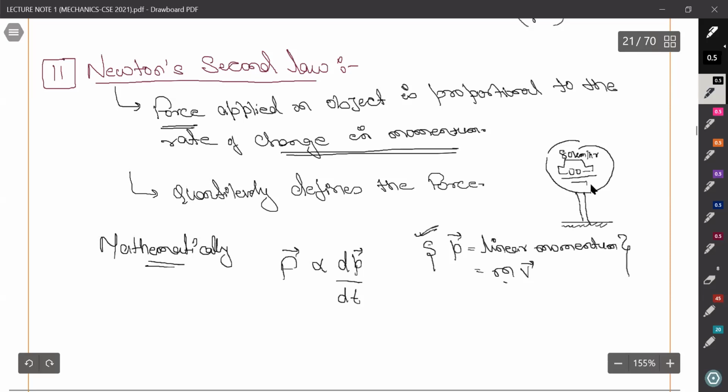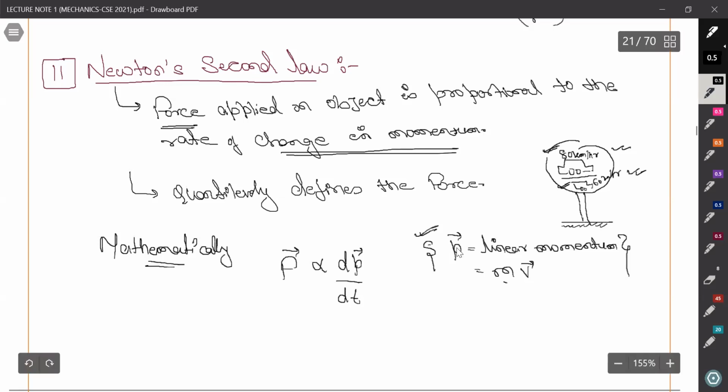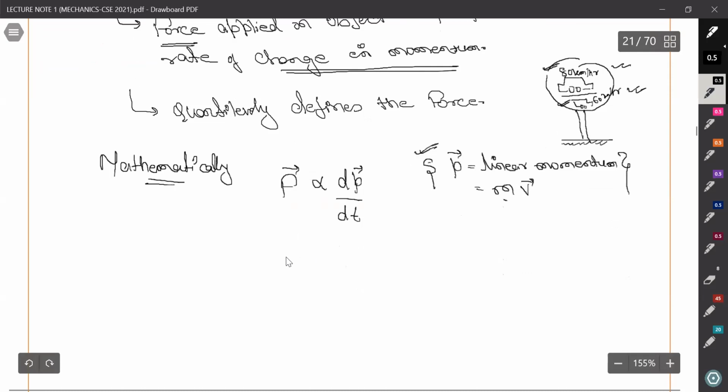And here for truck, let's suppose 60 kilometer per hour. So what is this discrimination for? For car you can go with 80 kilometer per hour, for truck you can go with 60 kilometer per hour. So it's the momentum that matters, not the velocity. We will see these things later also, but first concentrate on this.